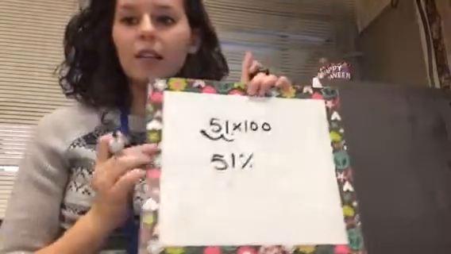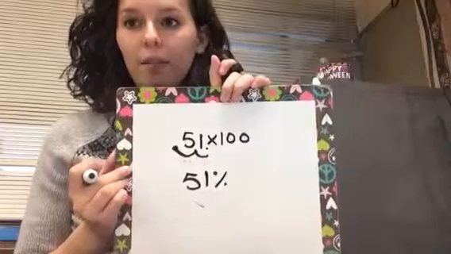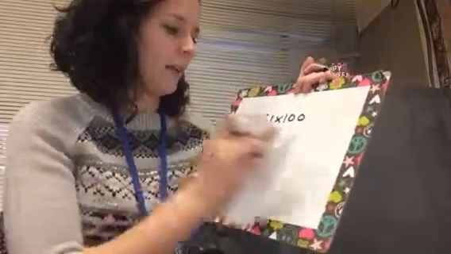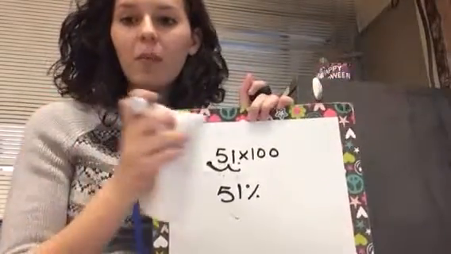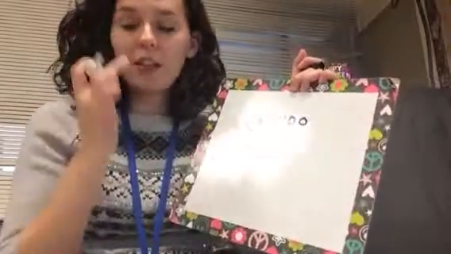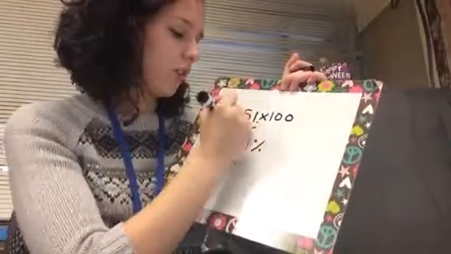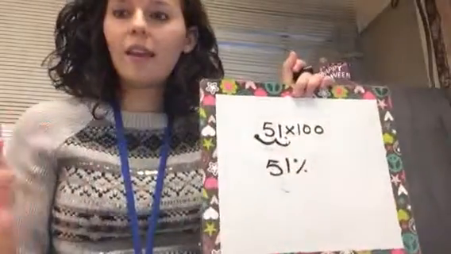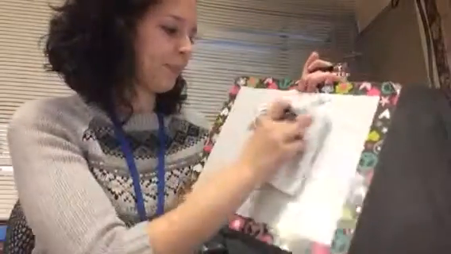So my percent is 51%. So remember, if you're changing from a decimal to a percent, I just need to move my decimal point over to the right twice, and then that gives me my percent.